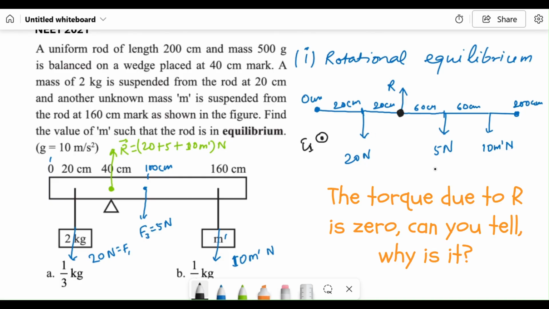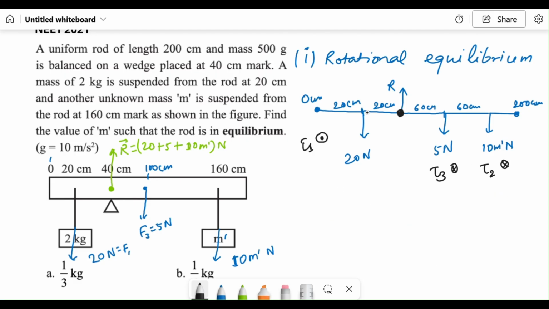Due to this the direction should be inward, and due to this the direction should be inward as well. You can check it by right hand rule. If you do R cross F with your right hand, the thumb will be indicating outward, and in these two cases the thumb will indicate inward.